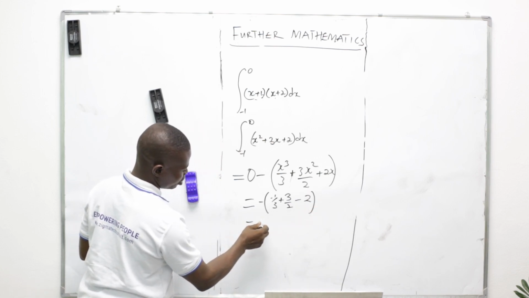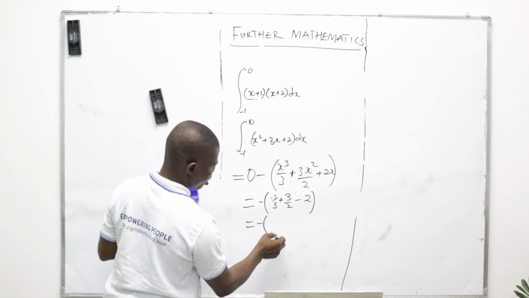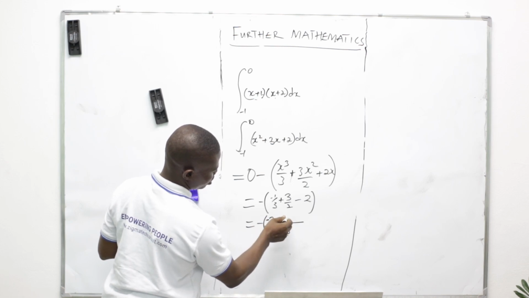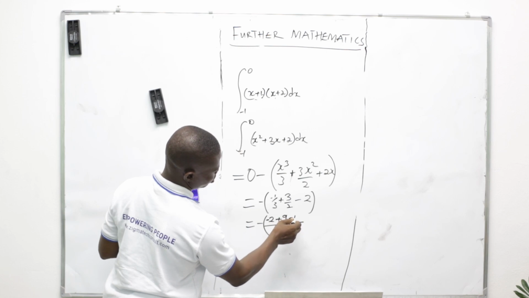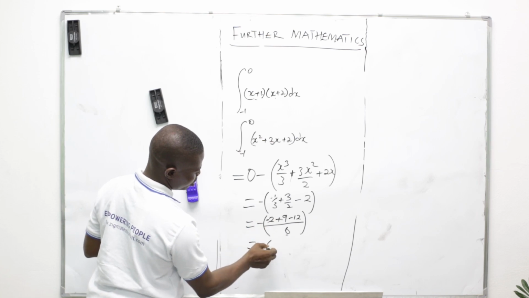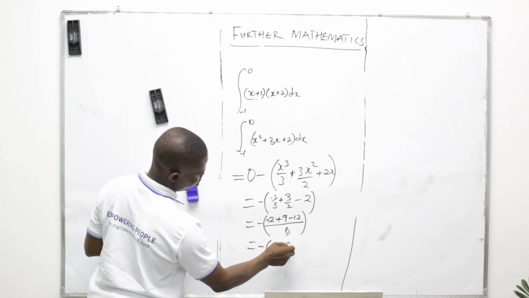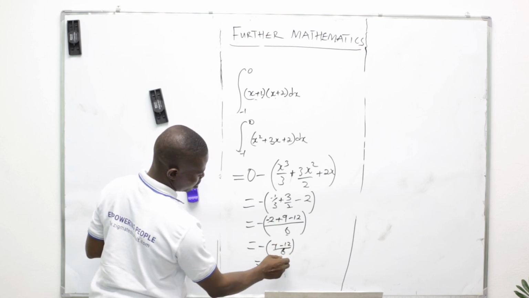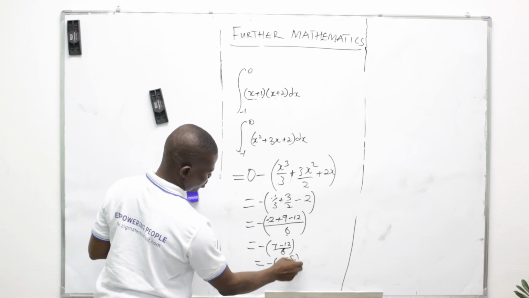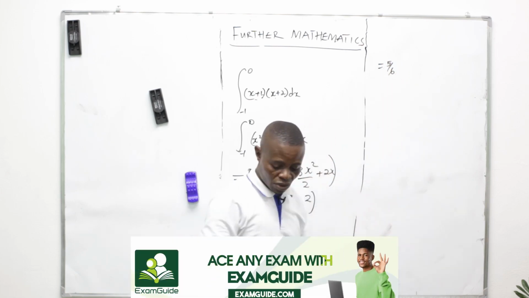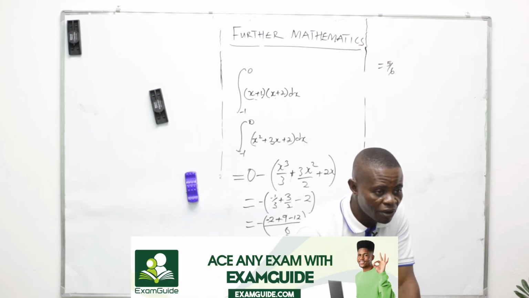Our LCM is 6: −2 plus 9 minus 12. This will give us minus bracket, and 7 minus 12 is −5. We're going to have minus bracket, −5 all over 6. So introducing the minus there, we're going to have 5 over 6. So our solution is 5 over 6.